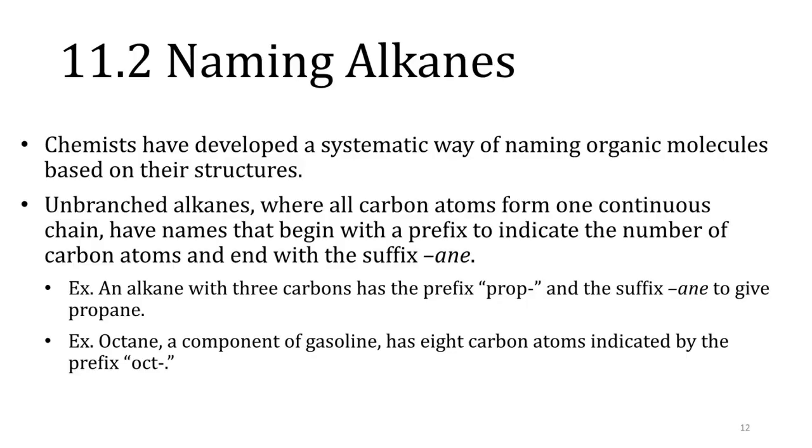So we have a systematic way of naming organic molecules based on their structures. We call this the IUPAC system, and we had talked about the IUPAC system in basic chemistry. So for unbranched alkanes, where all the carbon atoms form one straight, continuous chain, they have names that begin with a prefix to tell you the number of carbon atoms, and then you simply add -ane to the end, meaning alkane.